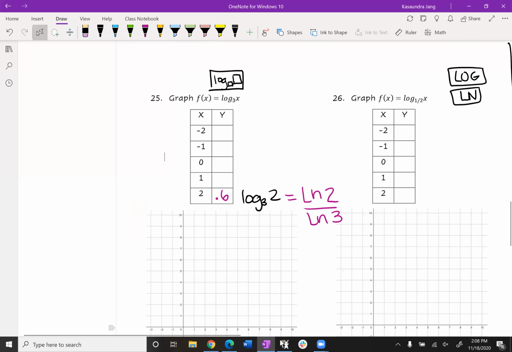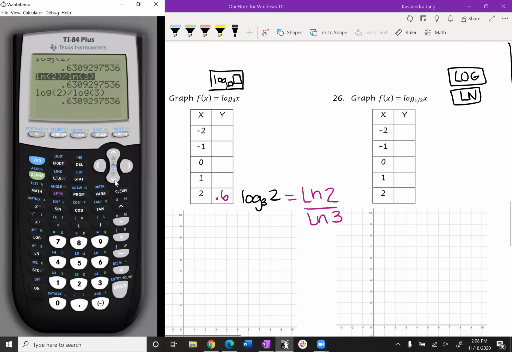Let's see if that's what I get in my calculator. I'm doing log base 3 of -2. Oh, error as well. Mine says error, non-real answer. It gives me undefined. It's because this gives me some imaginary number. I'm not going to graph an imaginary number on my graph. I can only graph real numbers.